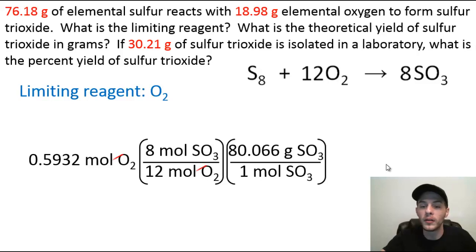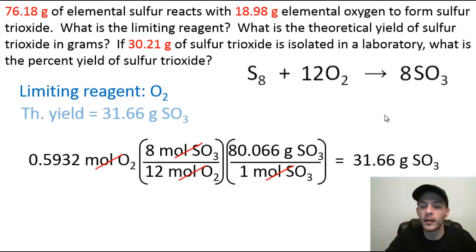All that's left for me to do at this point is to cancel out my units. Moles of O2 cancels with moles of O2. Moles of SO3 cancels with moles of SO3. Put this into my calculator, and that's going to give me 31.66 grams of SO3. So the theoretical yield is 31.66 grams of SO3.